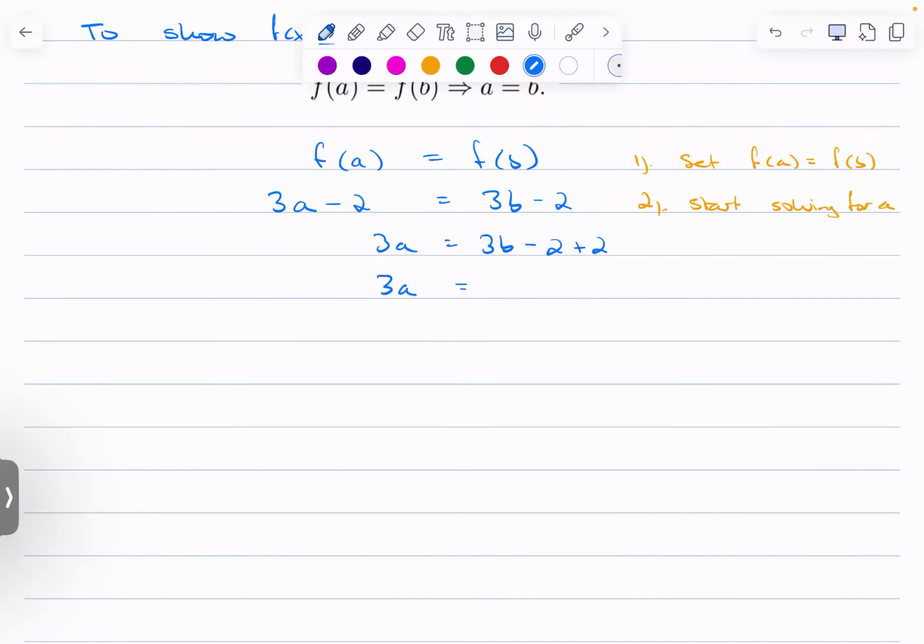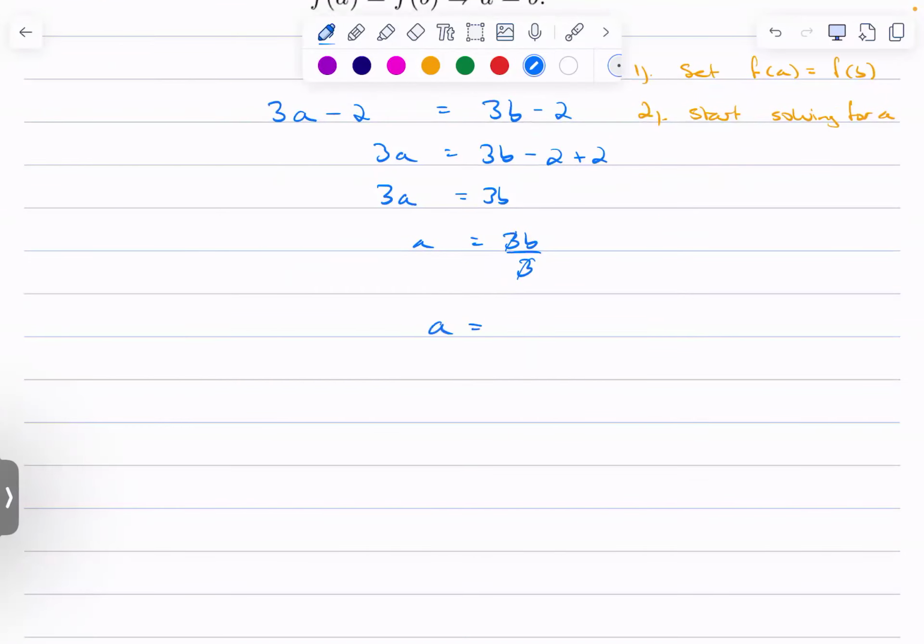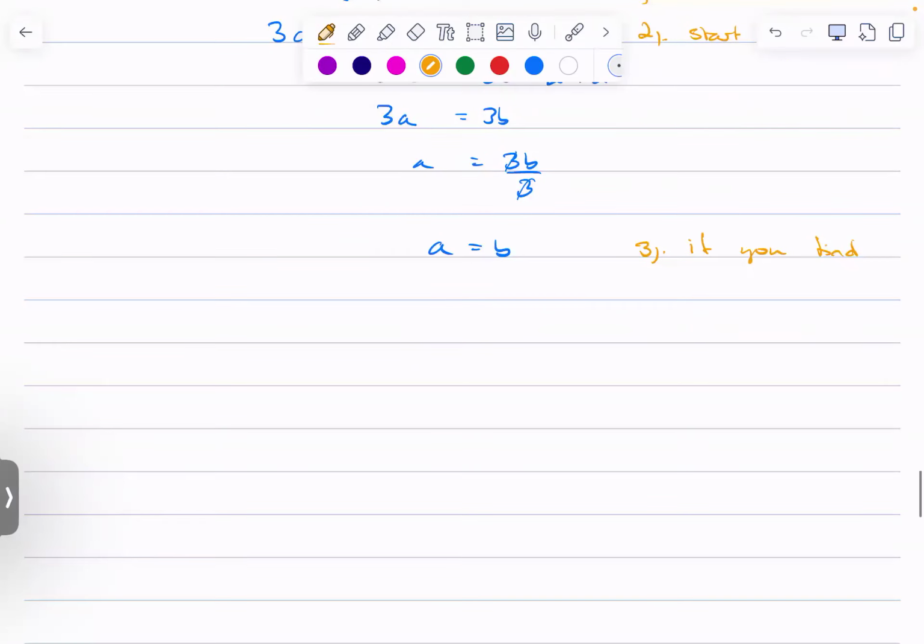So 3a is equal to 3b. Then if I'm solving for a, I would divide both sides by 3. So I get a is 3b over 3. And all of a sudden, a is equal to b. Step 3, if you find a equals b, f of x is 1-to-1.